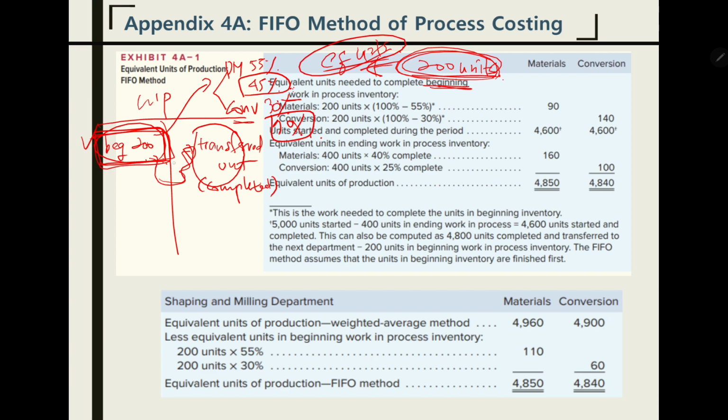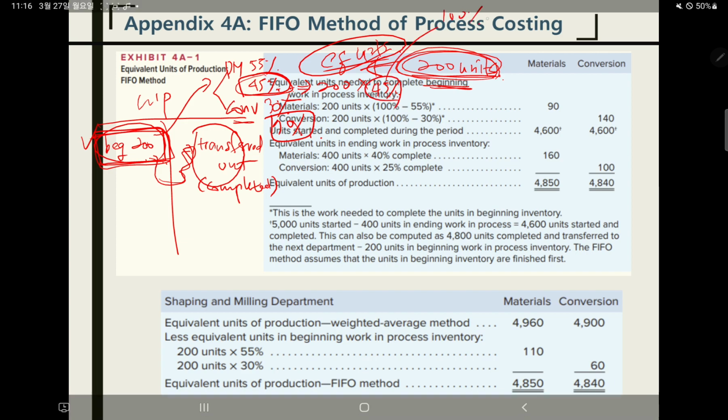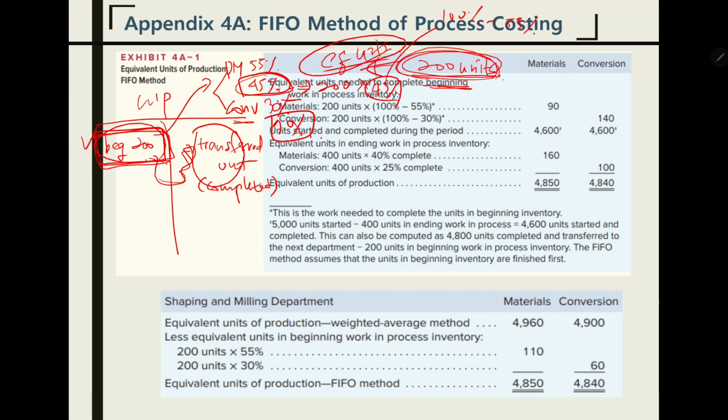Then let's convert this 45% of additional effort to complete into equivalent units. Then equivalent units are 200 units times 45%. And look at that, 45% is 100% minus 55%.